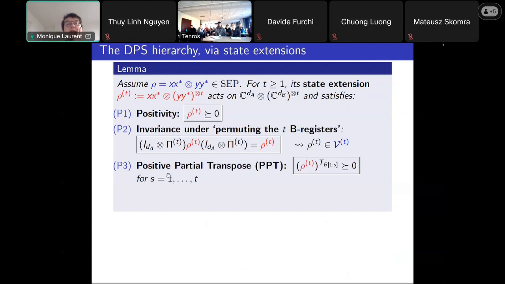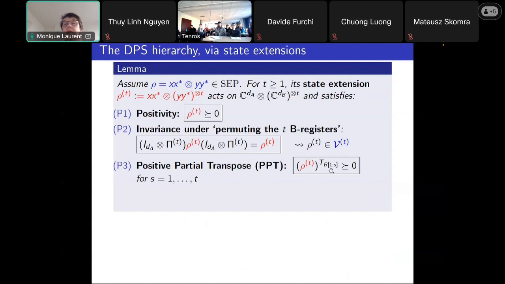And there is a third property, which is that we have here a tensor product of things, and we can take the partial transpose of some of them. And if we do this, we still preserve positive semidefiniteness. This is what this condition is saying.